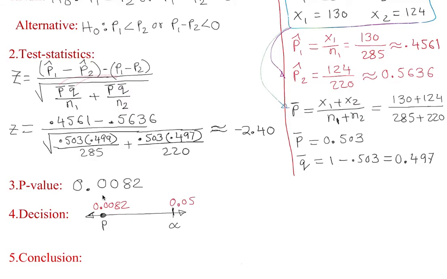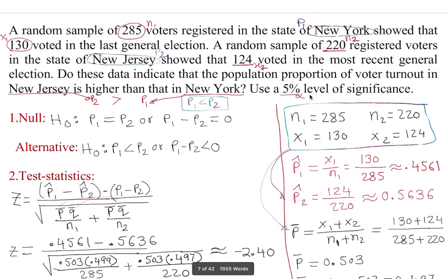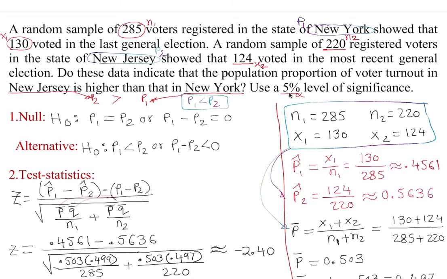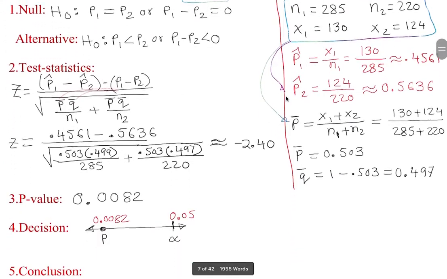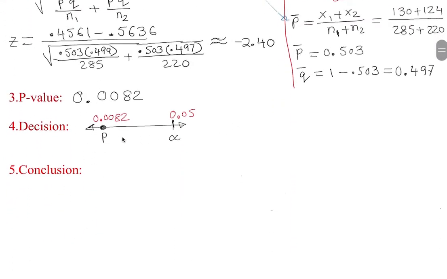Again, it was a 5% significance level, so 0.05 is the alpha. That's the threshold. If we remember the definition, if the phi value is greater than alpha, we do not reject. But if the phi value is less than alpha, we do reject.